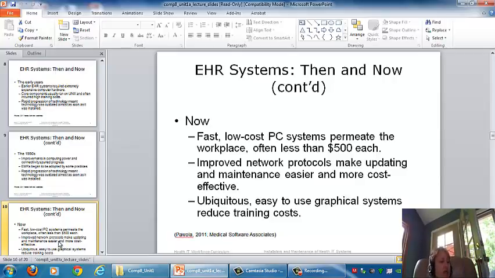By about 2000, PCs had low cost and there were lowered barriers for adopting electronic systems, with a sharp decline in startup costs. Today there's an abundance of inexpensive and extremely powerful computer systems available, making EHRs much cheaper.